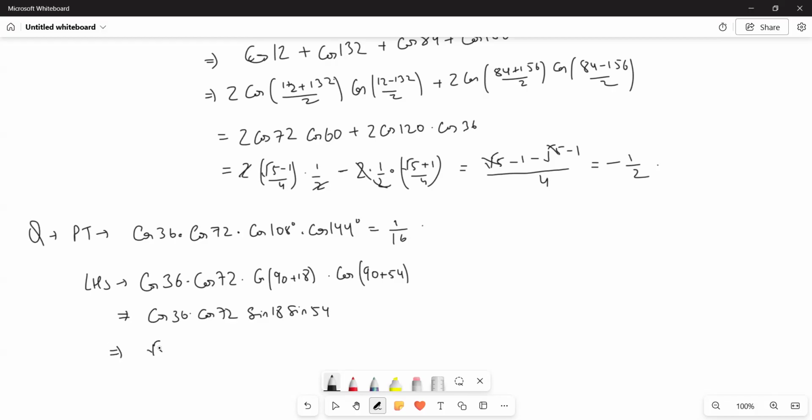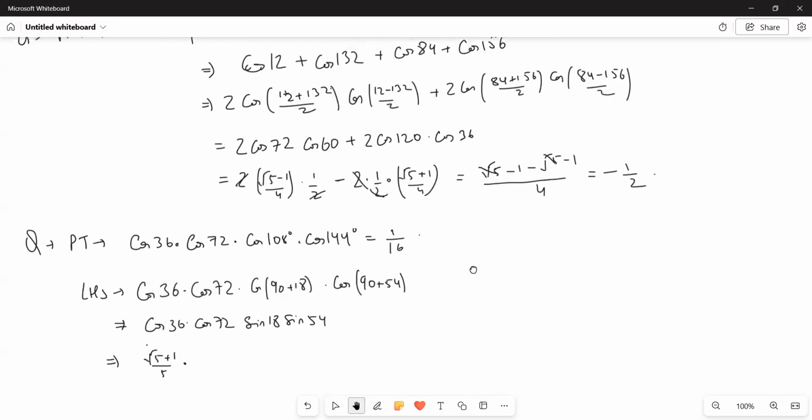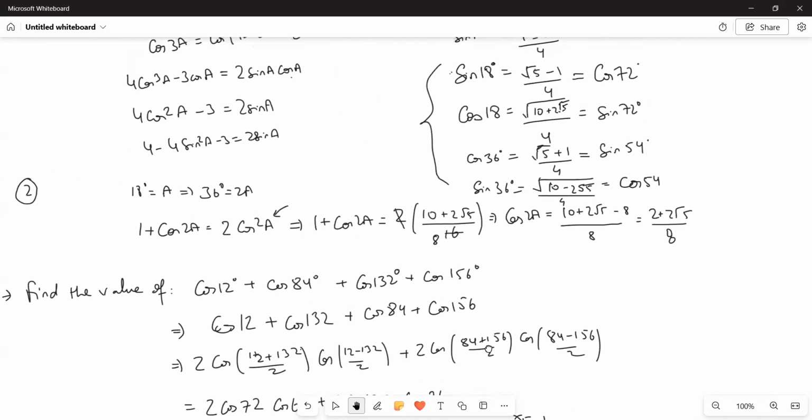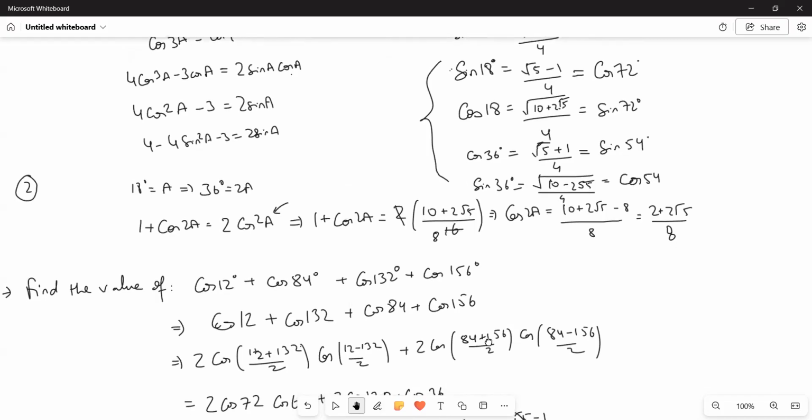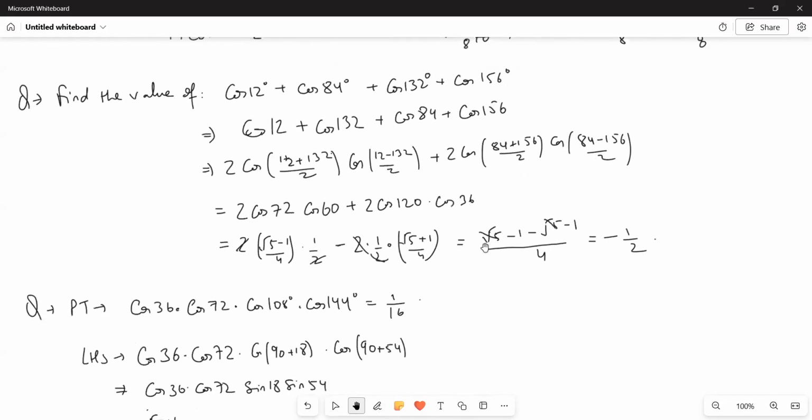So cos 36 is (root 5 plus 1) by 4, into cos 72, sin 18.